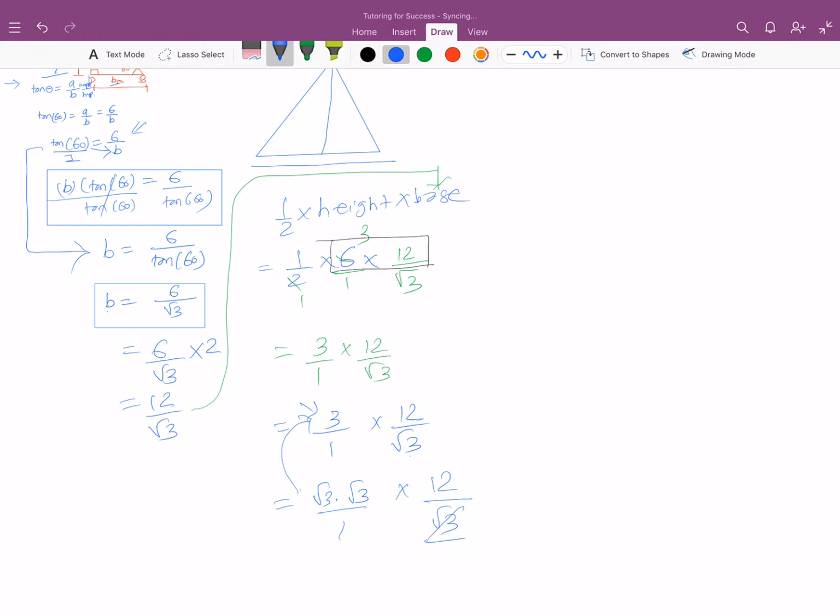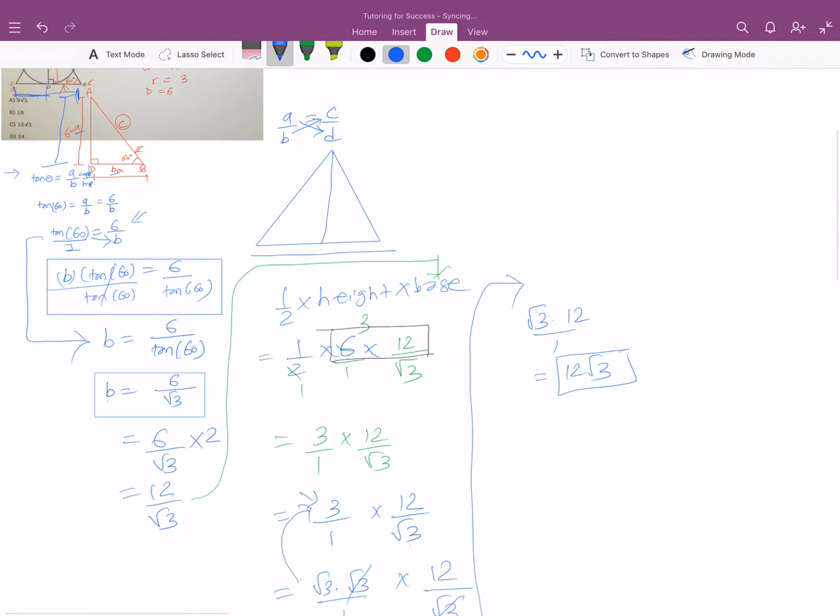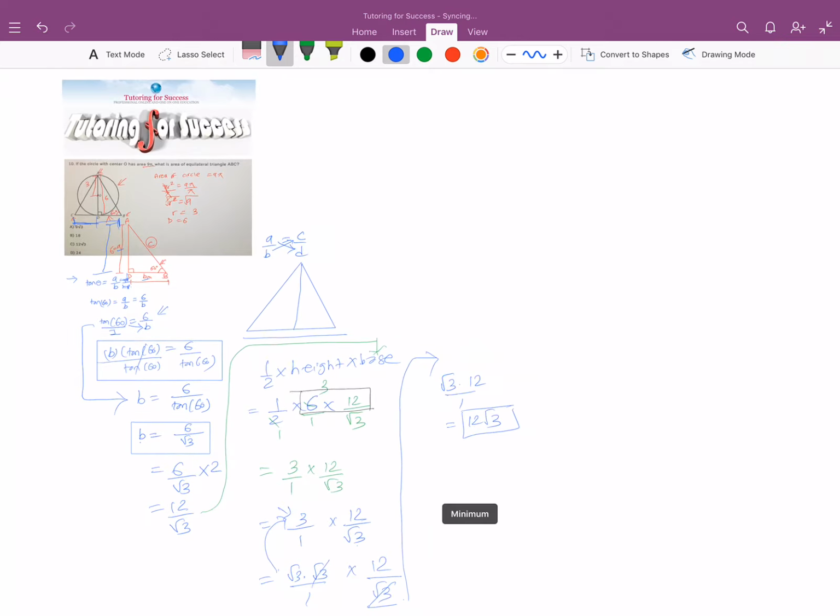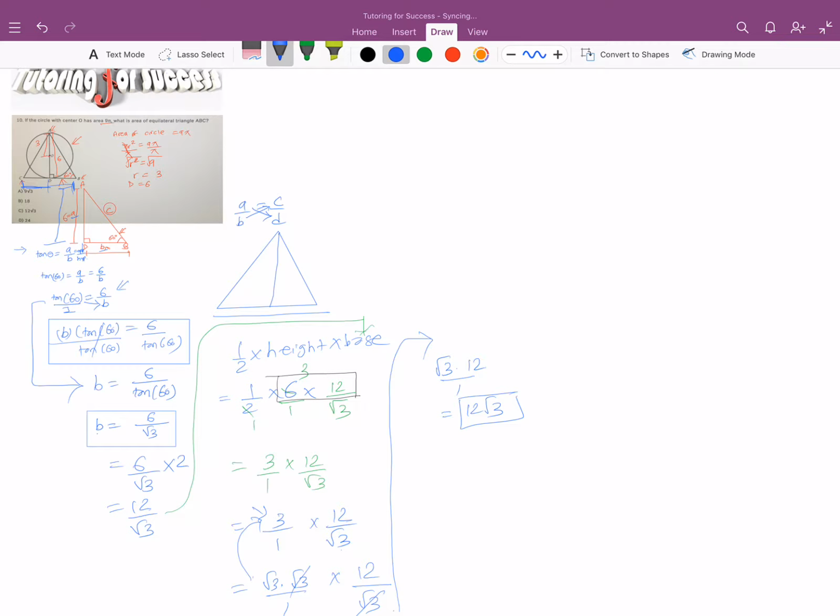So conveniently, I can get rid of this. And then you have 1, radical 3 is already gone, times 12, and there is nothing underneath, which is 1. So 12 radical 3. That is the area of my triangle using the trigonometry concept, which is right here.